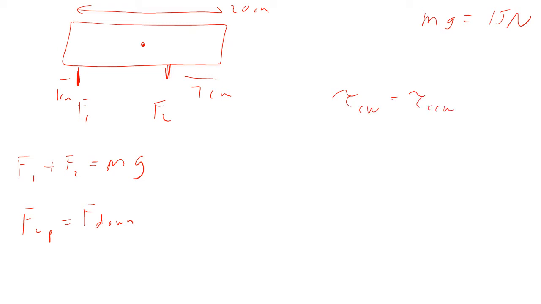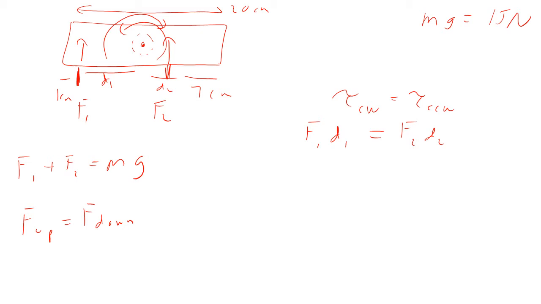Well, what kind of torque? If you imagine the center of mass right here, this force is trying to turn it this way, and this force is trying to turn the object that way. So if we call that distance D1 to the center of mass, F1 D1 is the clockwise torque, and if we call that D2, F2 D2 is the counterclockwise torque.